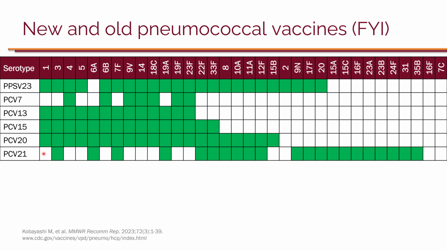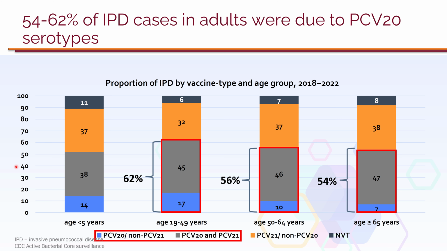It has actually excluded some of the ones that they think are no longer causing disease because of years of vaccination and herd immunity. But they have introduced a bunch of new ones that are causing disease in adults specifically. So the previous ones were specifically targeted at children, whereas PCV 21 is more designed for adults.